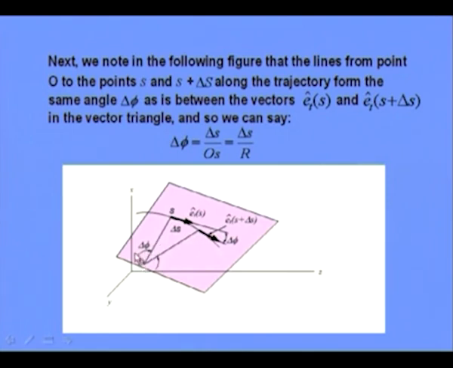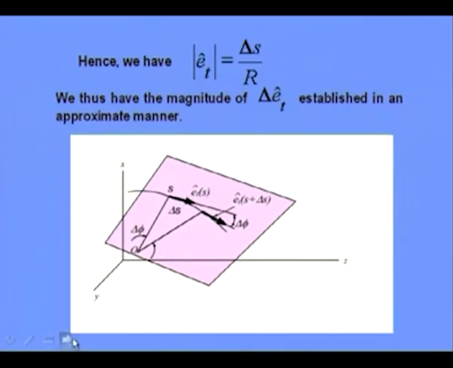So, delta phi is equal to delta S divided by OS, which is equal to delta S divided by R, where R is the radius of curvature. Hence, we have the magnitude of delta ET equal to delta S by R.